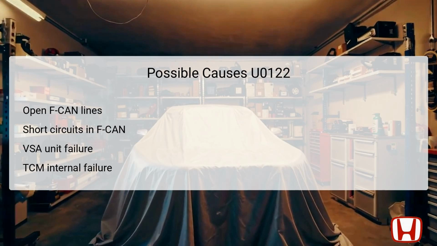Additionally, the VSA Modulator Control Unit itself may have failed, which may include issues like blown fuses. Another consideration is TCM internal failure, which would not only affect its ability to communicate, but could also impact its overall function. Identifying these causes is a vital part of troubleshooting, as any of these issues can lead to the observed malfunction.